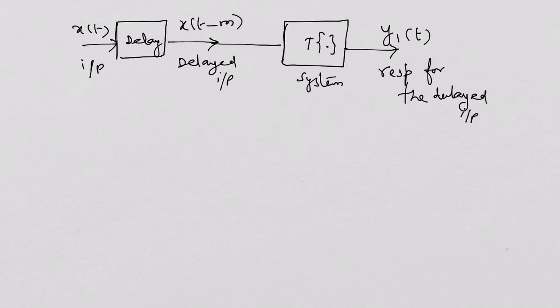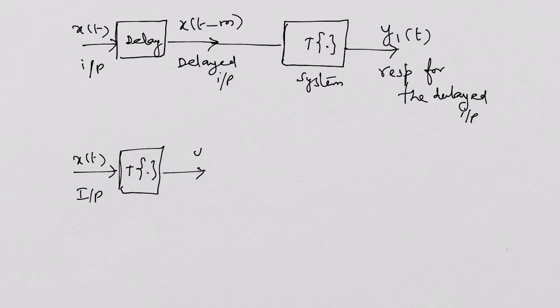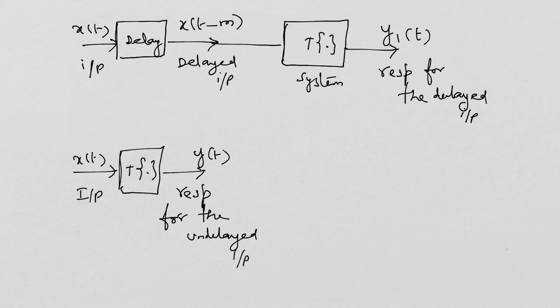Let me record the response for the delayed input. I have another input, x of t. If the input is applied through the system, where the system is represented by a transformation, it produces y of t. Let me call this the response for the undelayed input. If this output is delayed, you can notice the difference.